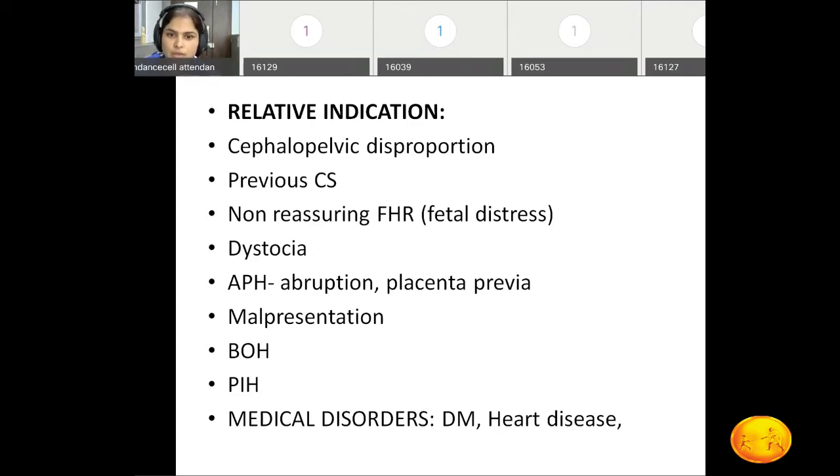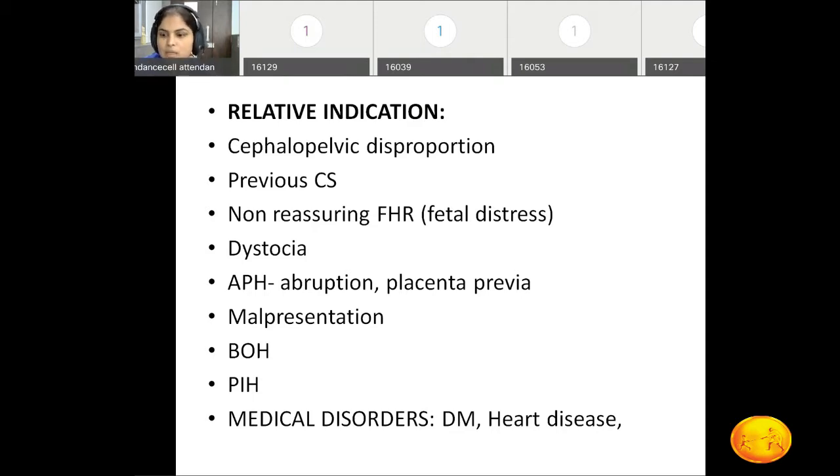And non-reassuring FHR, dystocia, APH, that is abruption and placenta previa, malpresentations, bad obstetric history, PIH, and any medical disorders like diabetes or heart disease. In diabetes, you do it because the baby is going to be big.